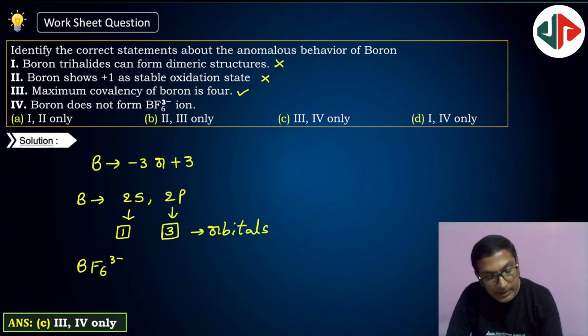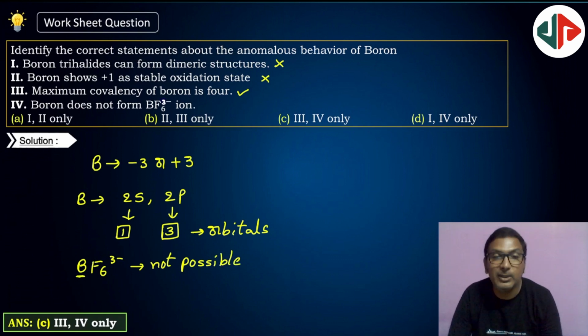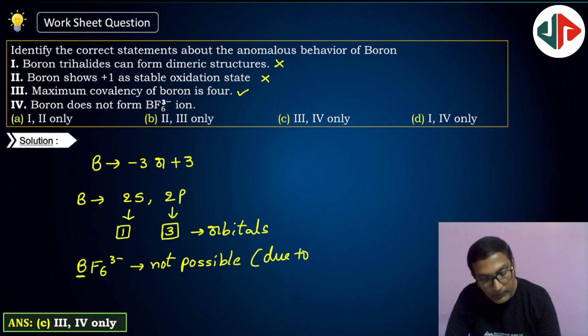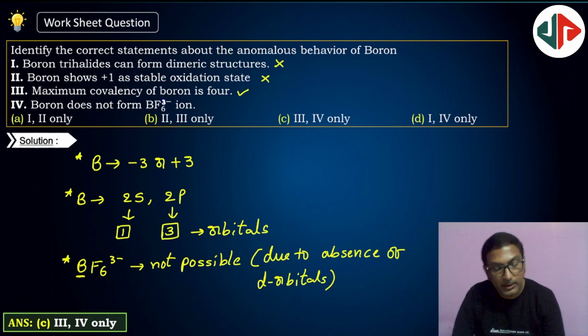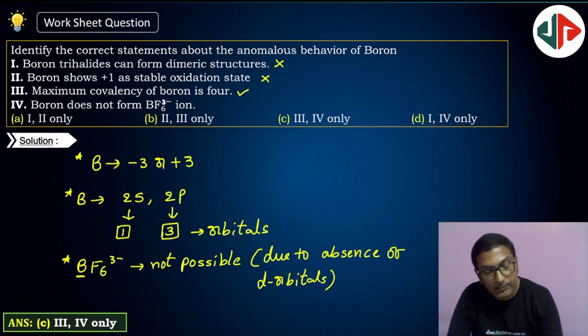BF6 3 minus not possible. So maximum covalency of boron is 4. It cannot form 6 bonds. So due to absence of d orbitals. Remember these three. So correct options are 3 and 4 only. 3 and 4, option C.